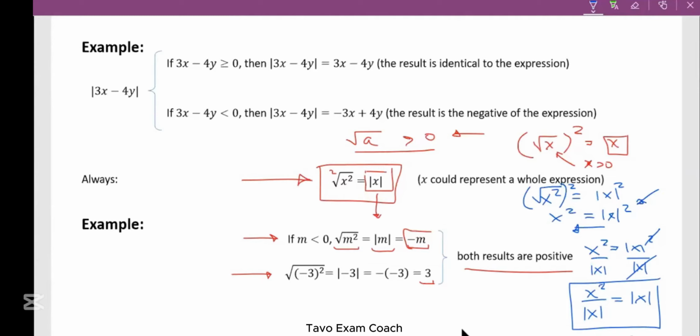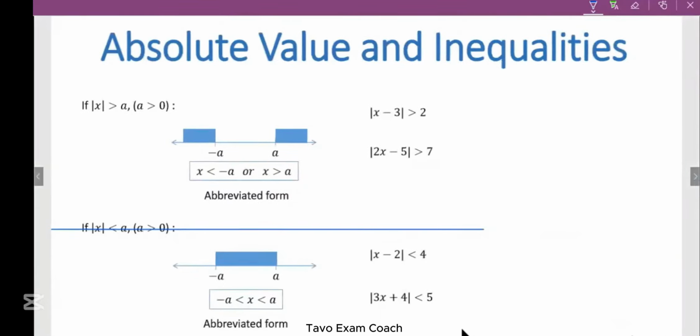Okay, let's now see how to work with the absolute value and inequalities. When we talk about the absolute value and inequalities, we have basically two cases.